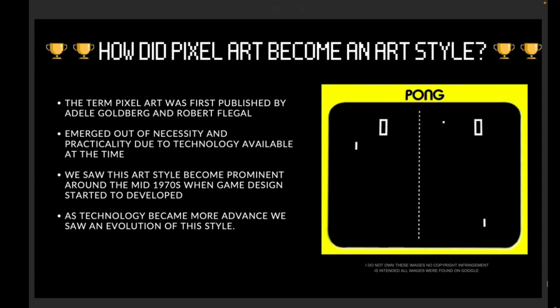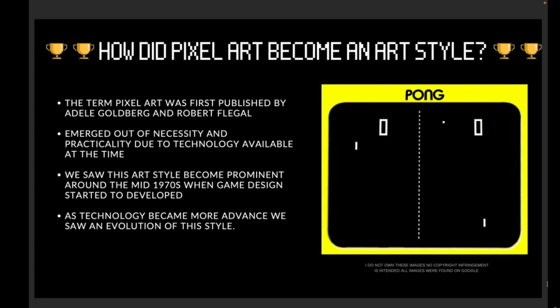And one of the first examples that I can think of pixel art is the game Pong. And Pong is a series of small squares that make up shapes, and it's basically like ping pong or tennis where you go back and forth. It's very primitive, but at the time when it first came out, it was revolutionary.